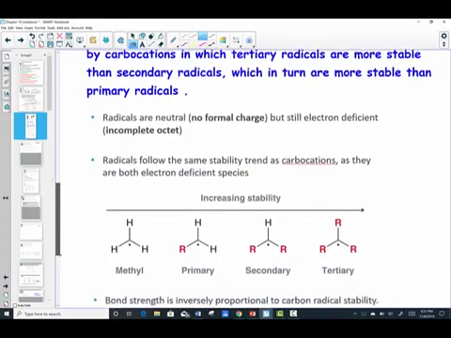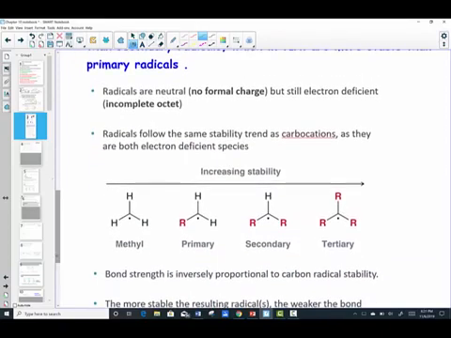And let's put that into a visual. So radicals we know are neutral. They are not ions, but they're still electron deficient. They are not a complete octet, but they follow the same trend for stability as the sp2 carbocation.